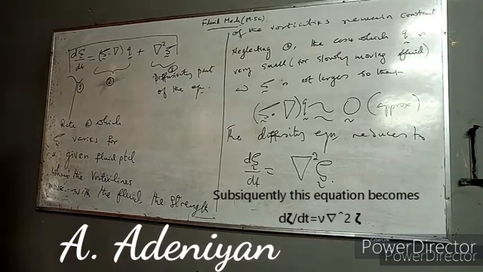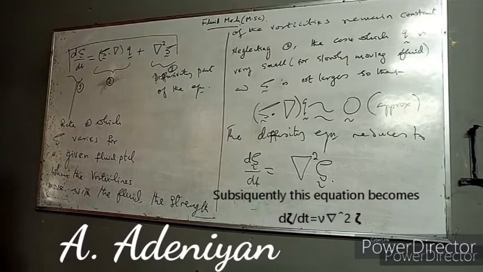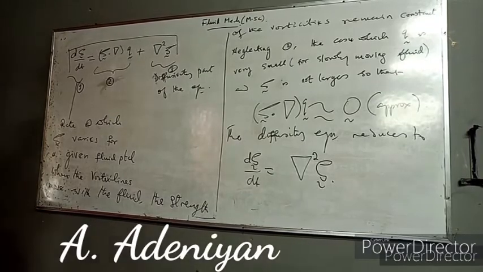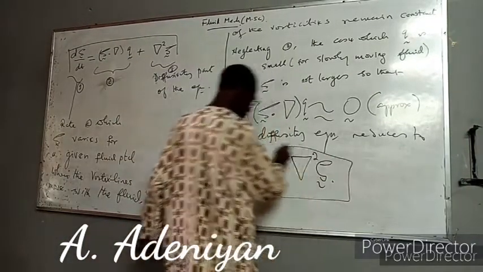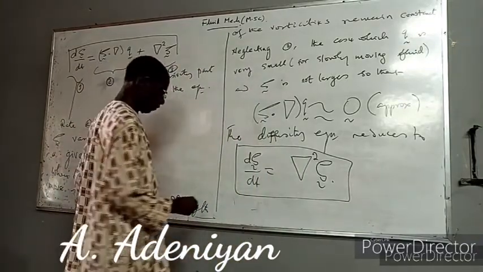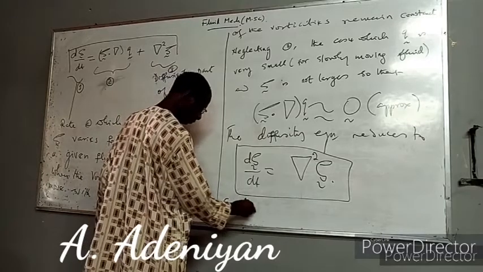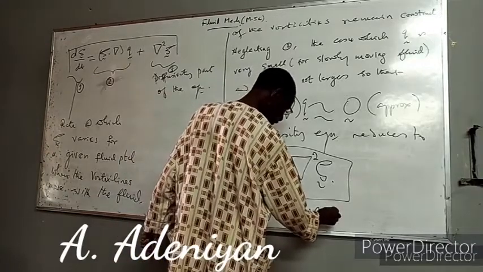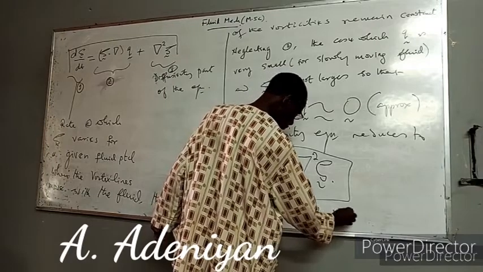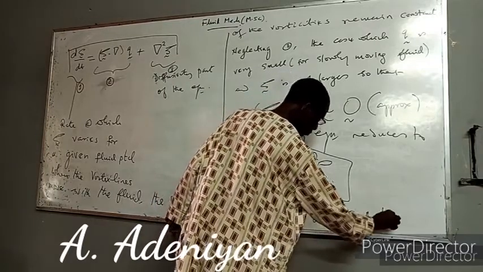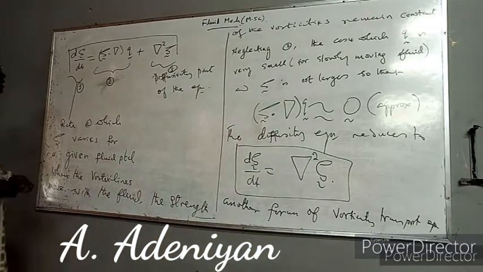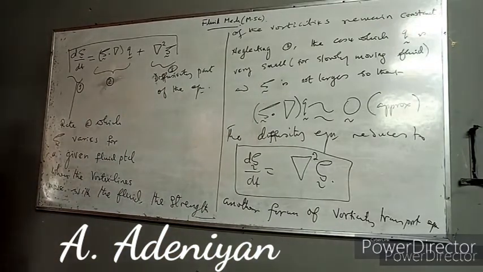So this is also another form of diffusion equation, another form of the diffusivity equation or vorticity transport equation, in which case this term is assumed to be almost 0.